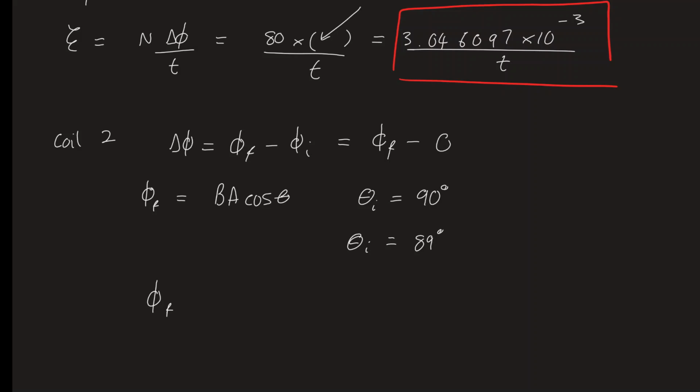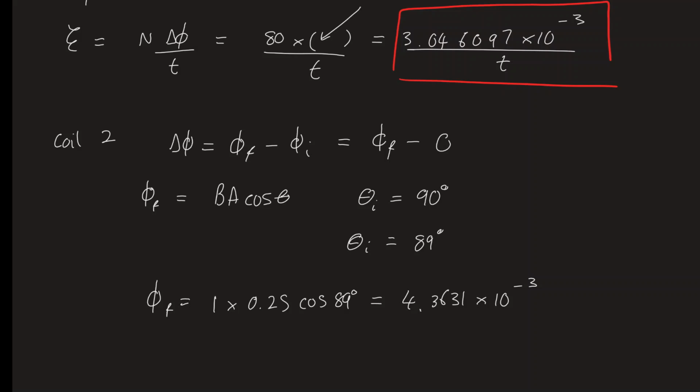So we can actually work out the final flux now. B, which is 1, A, which is 0.25, the loops are the same, they're identical, and then cos of 89 degrees. And we can calculate that, which is equal to 4.3631 times 10 to the minus 3.